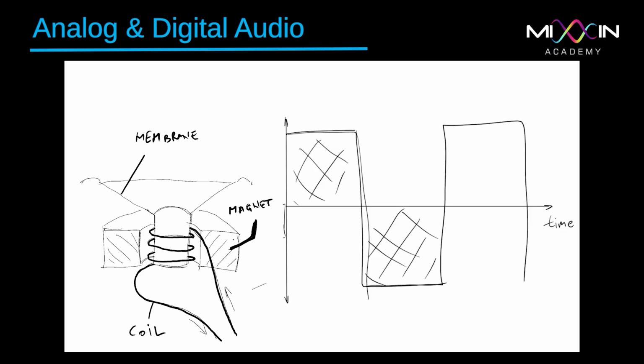Why? Because when you move a coil in a magnetic field, electricity is generated inside the coil. So we would get electricity generated inside the wire. If we moved the membrane inwards using sound pressure, we would get the electricity generated in one direction, and if it was pulled outwards, it would generate the electricity in the other direction. So the same thing, just the opposite way around.